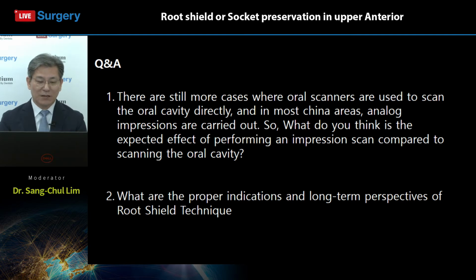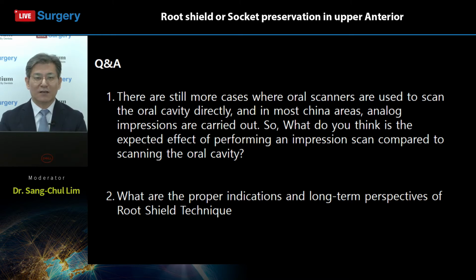So if you get the impression scan with a bite registration, you can get the model also and the same digital data from the impression scan. Compared to the oral scanner, this one is simple and easy, but the device is needed. You have to purchase the expensive devices. And the one big difference is model free, no model.